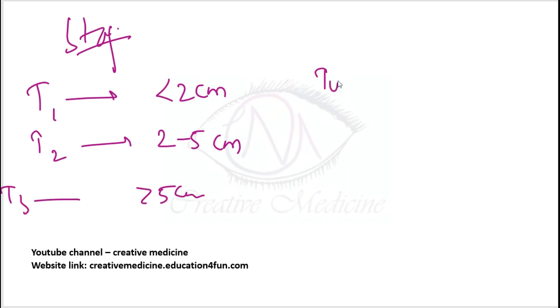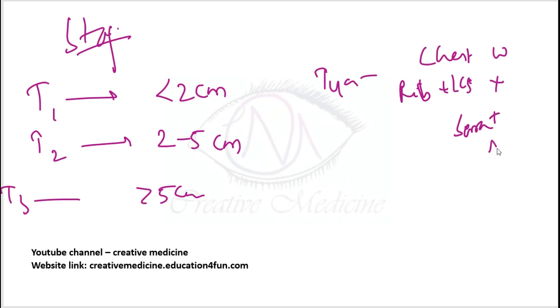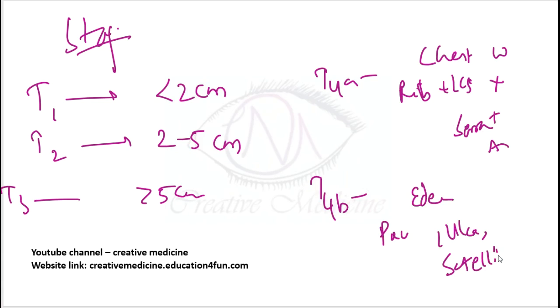T4A is if the tumor extends into the chest wall, that is, into the ribs with intercostal muscles and serratus anterior. What is T4B? T4B is if it involves edema, including the peau d'orange appearance, or ulceration, or if there are satellite nodules, then it is T4B.